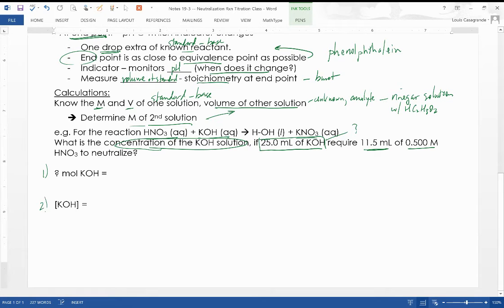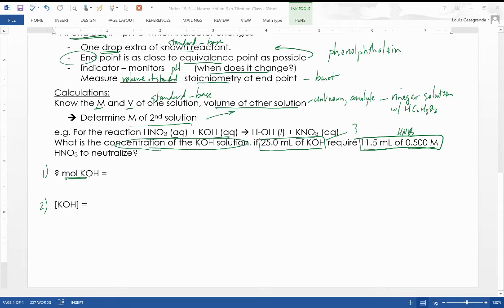And then the second step was the KOH. So always think about, I have this known solution. If I know the volume and I know the molarity, I know the known solution. So there's the known solution here. This is the nitric acid, HNO3.